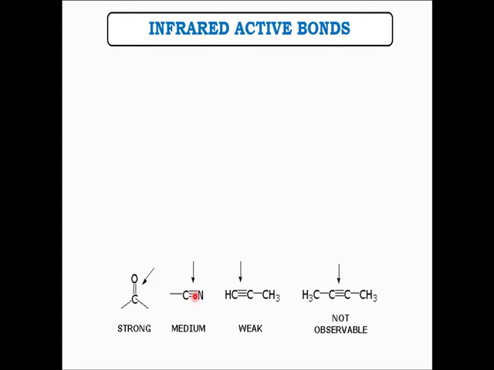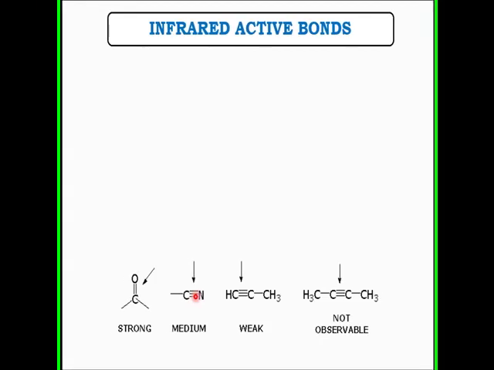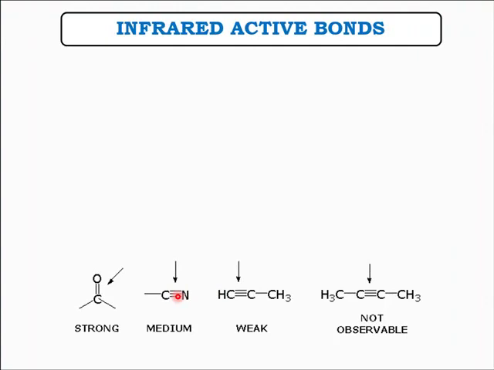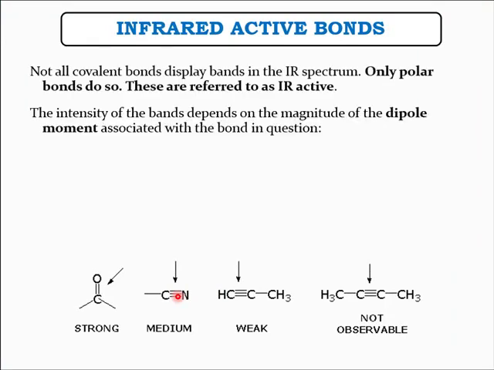Not all covalent bonds display bands in the IR region. Only polar bonds do so. So polar bonds, that means those that have an electronegativity difference. So the intensity of the bands depends on the magnitude of the dipole moment associated with the bond in question.